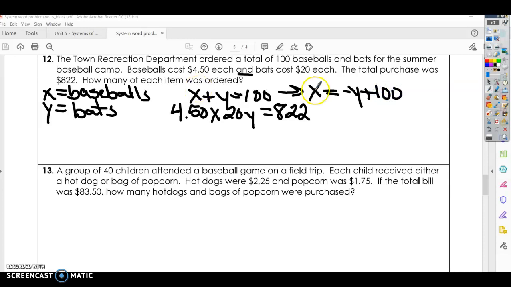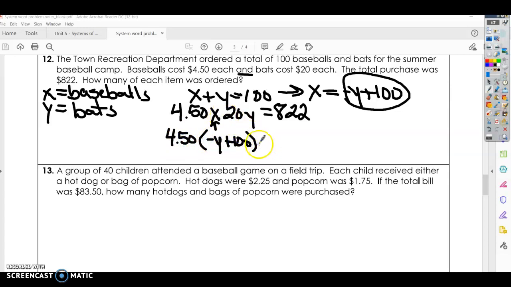So if I rewrite the first equation like this, I know that x equals this amount, and I can plug that in for x. So I'm going to have $4.50 times negative y plus 100 plus 20y is equal to 822.